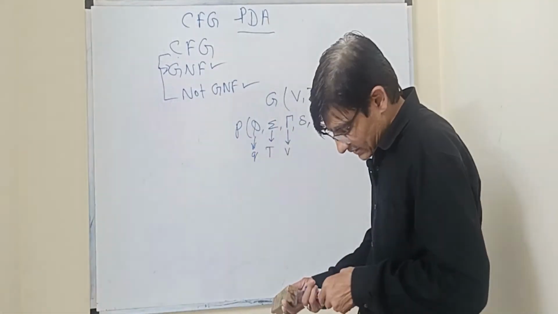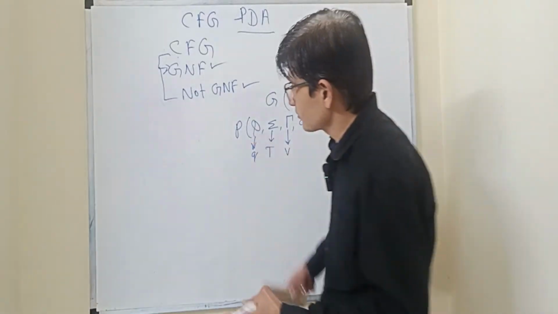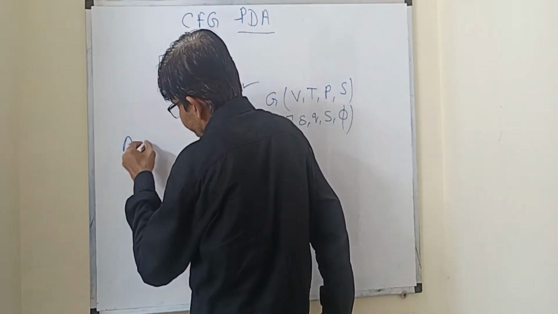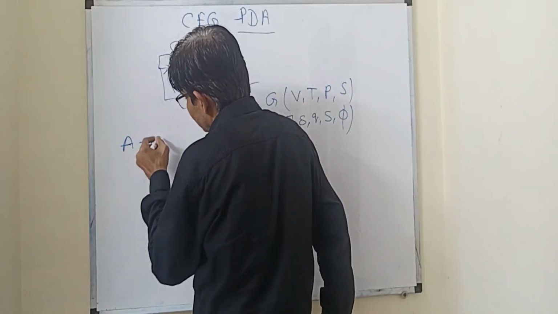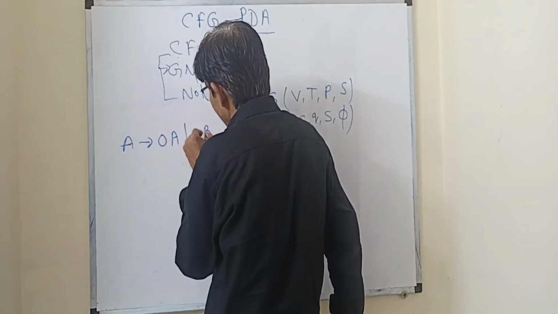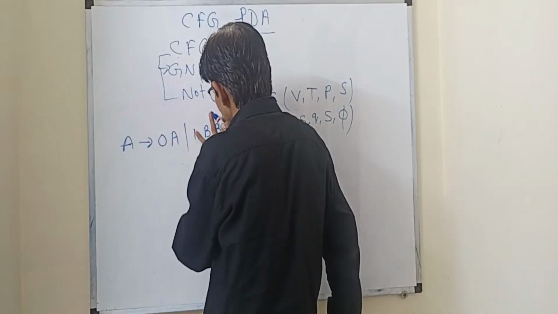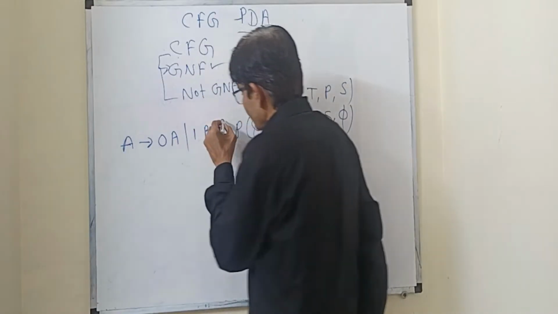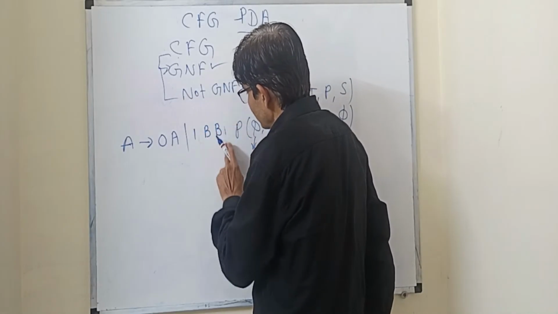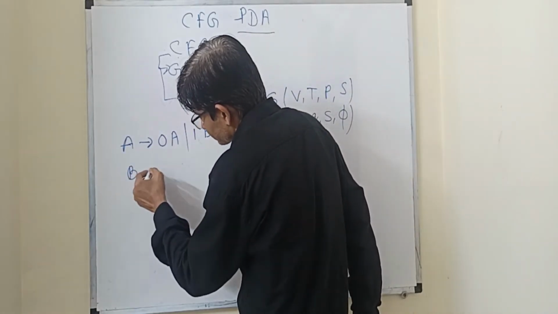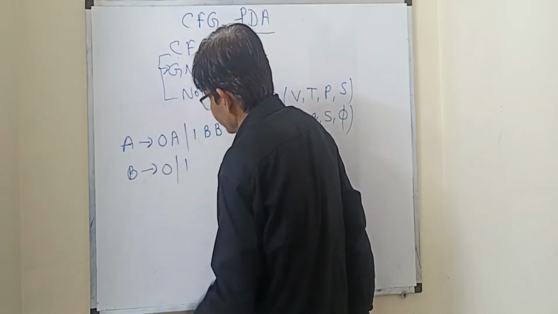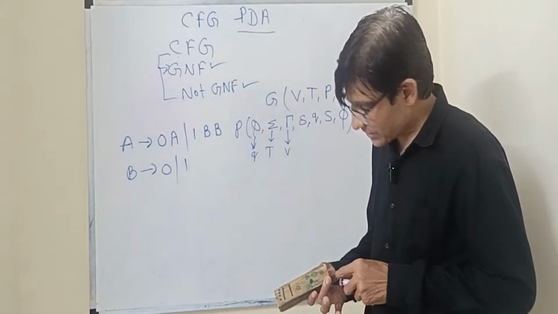So now I will take one example. A gives 0A1B, and B gives 0 and 1.